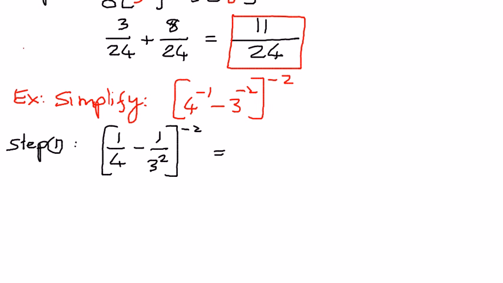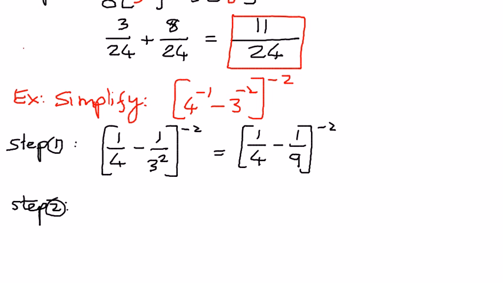So we can also further simplify this as 1 over 4 minus 1 over 9. 3 to the power of 2 is 3 times 3, therefore 1 over 9. So this whole thing is raised to the power of negative 2. We'll simplify the fractions within the parentheses, and then we will raise it to the power of negative 2.